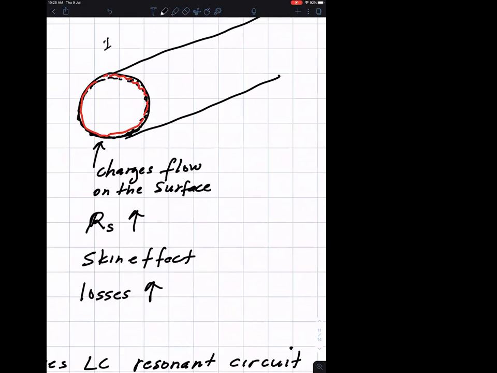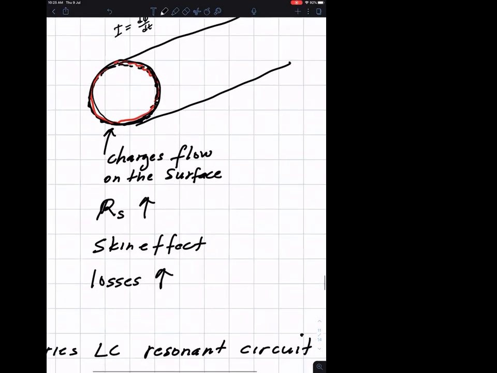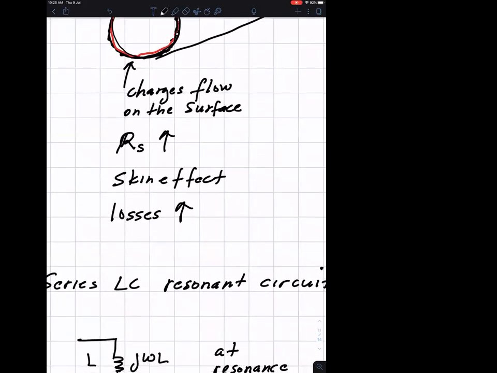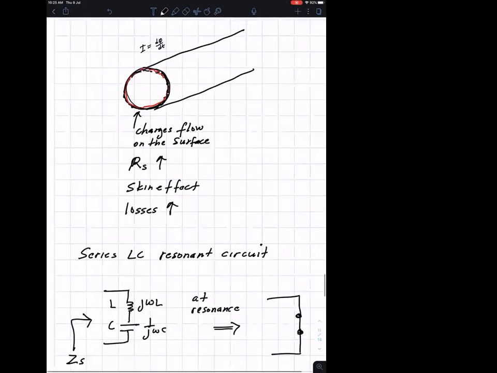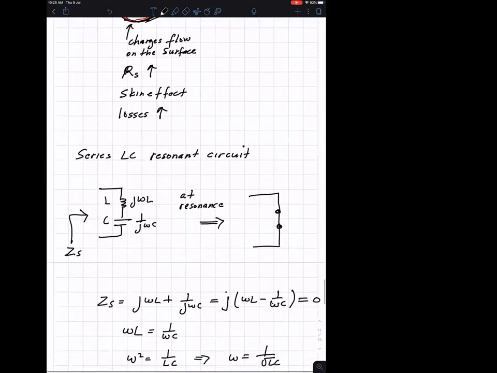I is dq/dt. So all these charges are flowing on the surface now, which means the same amount of charges flowing in a smaller area. That is going to increase the resistance, and that's called the skin effect. These are the bad things.